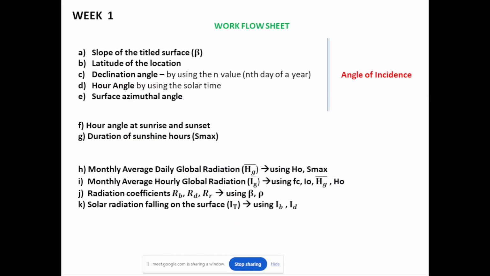So last week was pretty intensive with regards to calculation. We got to know about many different kinds of solar angles.